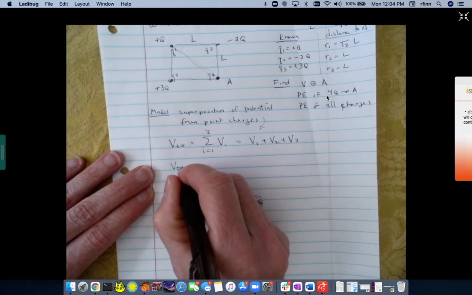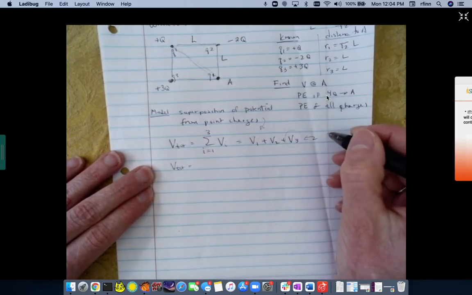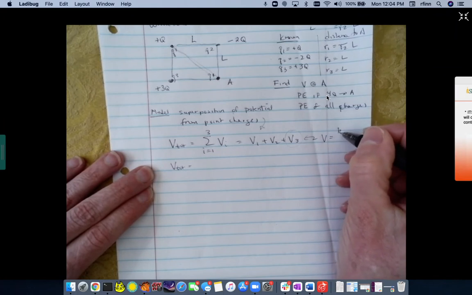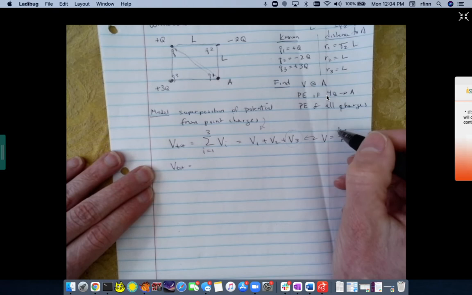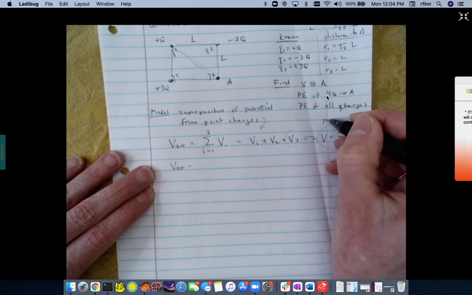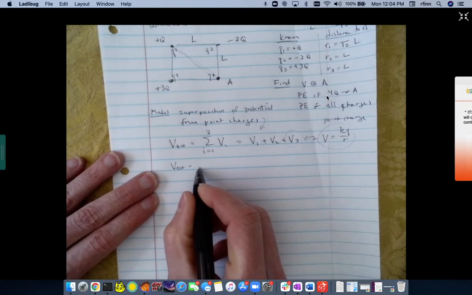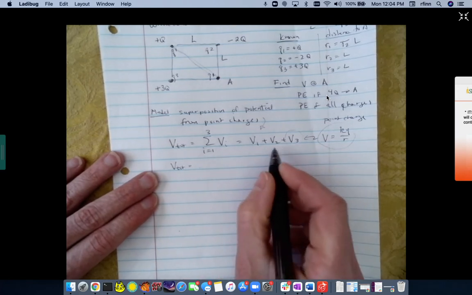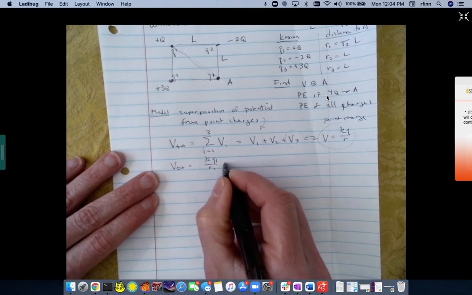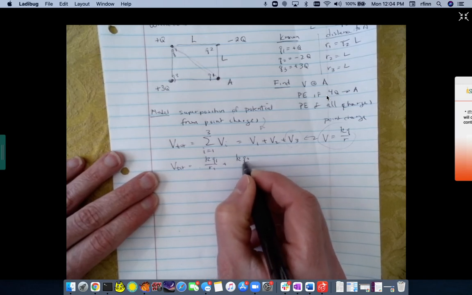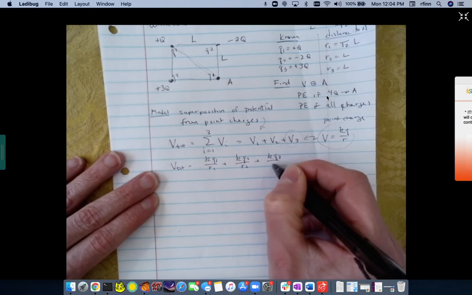So for our total, we know for any point charge, potential is KQ over R. So this is a point charge. Okay, so then we can just sum up our three potentials. So we have K Q1 over R1 plus K Q2 over R2 plus K Q3 over R3.